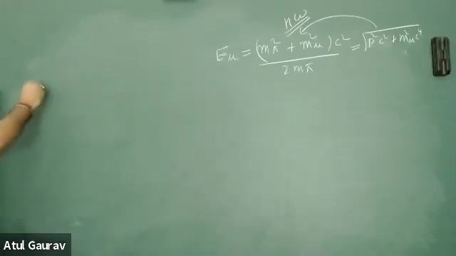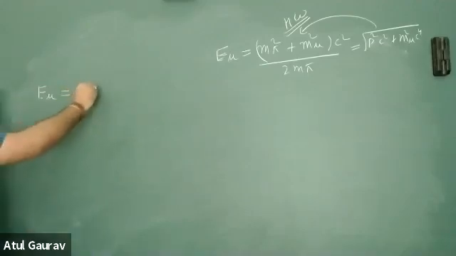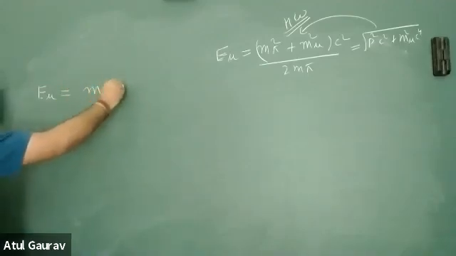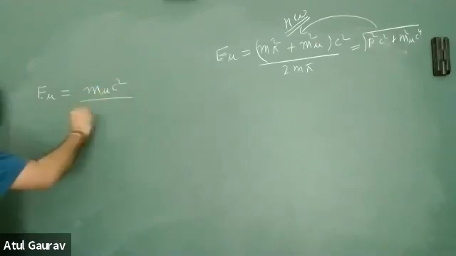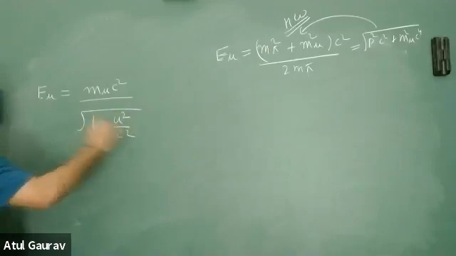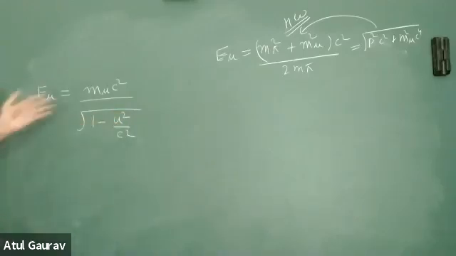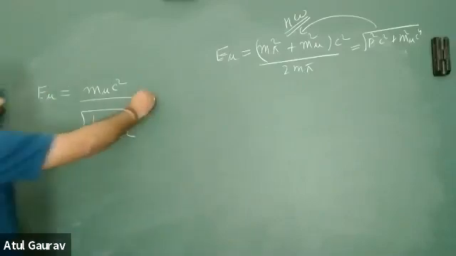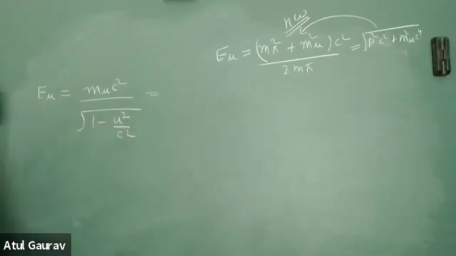So what will be E mu? E mu in terms of speed and rest mass is given by mu c square root under 1 minus u square by c square. Let's say u is the speed of the muon with respect to the observer. Everything we are seeing is with respect to the observer. So this must be equal to, given that mu is the rest mass of the muon.